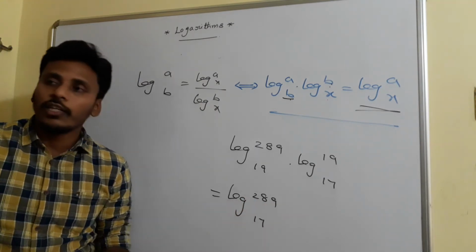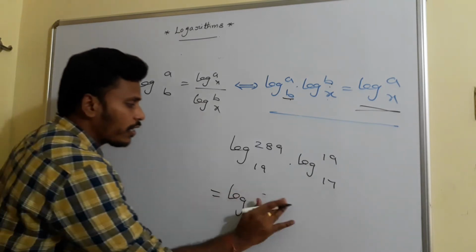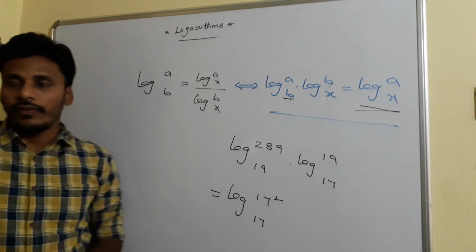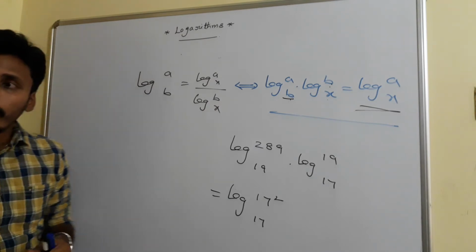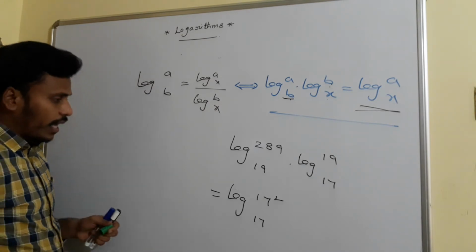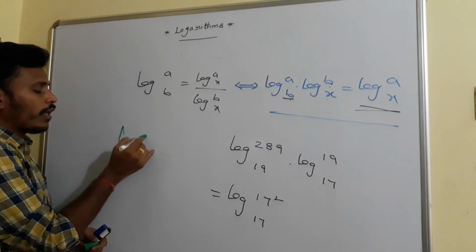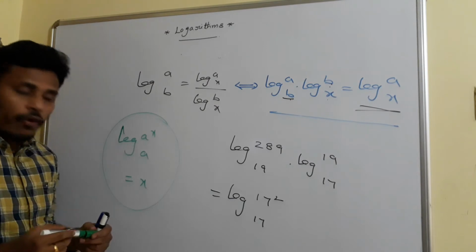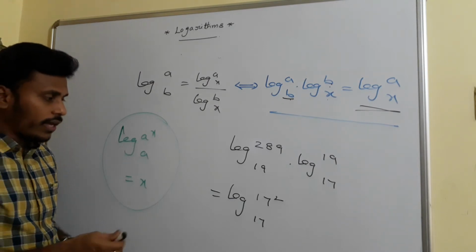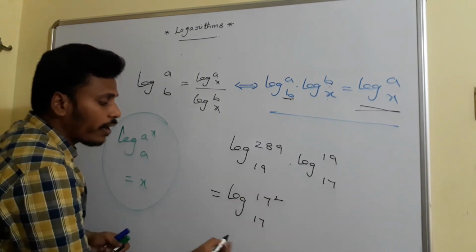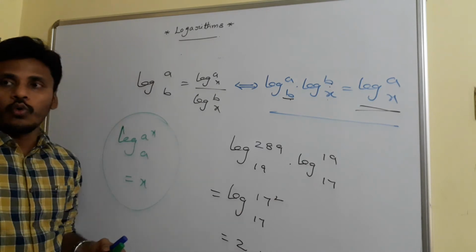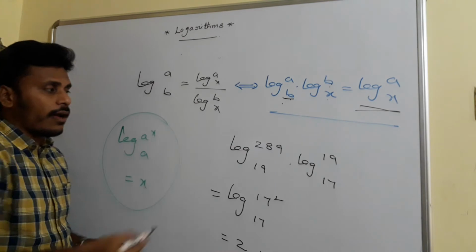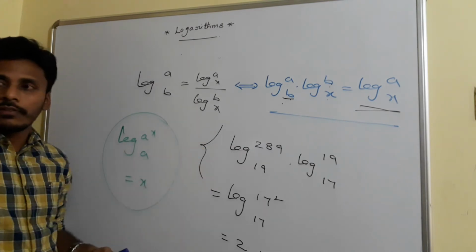Then what is 289? 17 square is 289, so we write it as the logarithm of 17 square base 17. And already we have a basic law that the logarithm of a power x base a is equal to x. Since that is so, the logarithm of 17 square base 17 gives us 2 as a result. So with the help of this law, we are able to solve such problems.